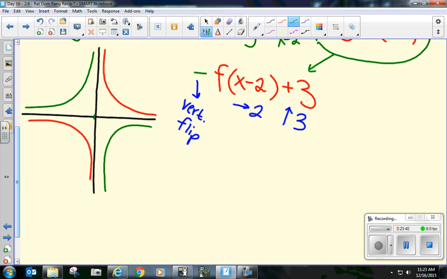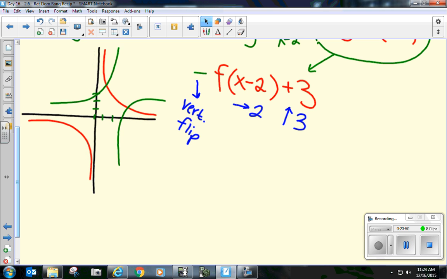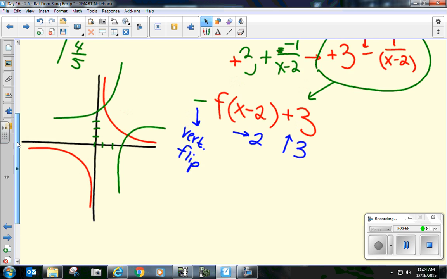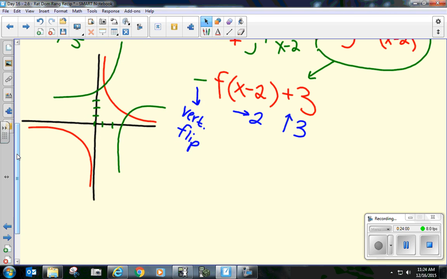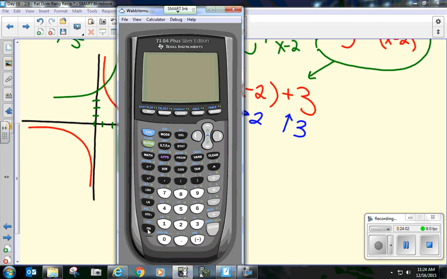So if this is 0, it's going to go 1, 2 to the right, 1, 2, 3 up. So this will move 2 to the right, and 3 up. It'll look like that green graph right there. We hope. Let's all hope. And that is 3x minus 7 over x minus 2. That's graphics.